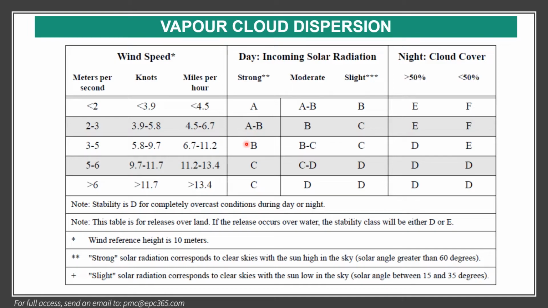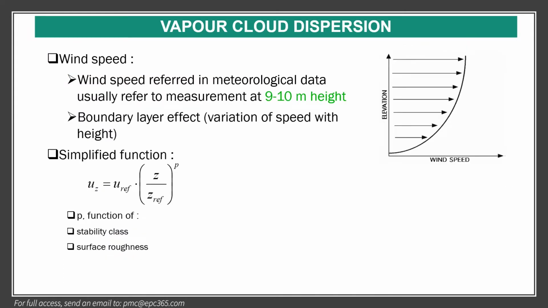You should know that ALOHA cannot model low wind speed well, so you have to be careful with ALOHA. And also wind speed: for example, this wind speed with the elevation, if you see here, is like this. Wind speed referred to in meteorological data usually refers to measurement at 9 or 10 meter height.